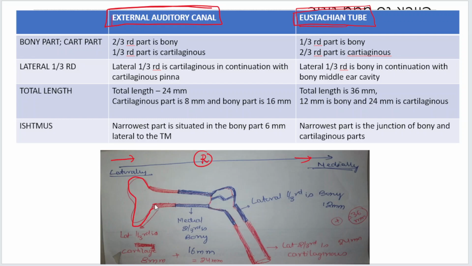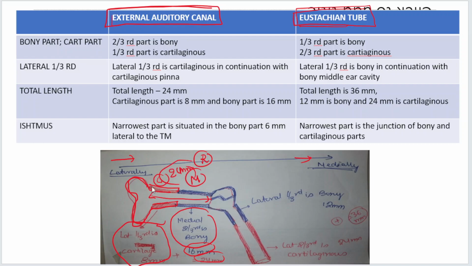The lateral one third of the external auditory canal, which is continuous with the pinna, is cartilaginous. So the lateral one third is cartilaginous and it is 8 millimeters. The medial two thirds is bony. It is 16 millimeters. The entire length of the external auditory canal is 24 millimeters.